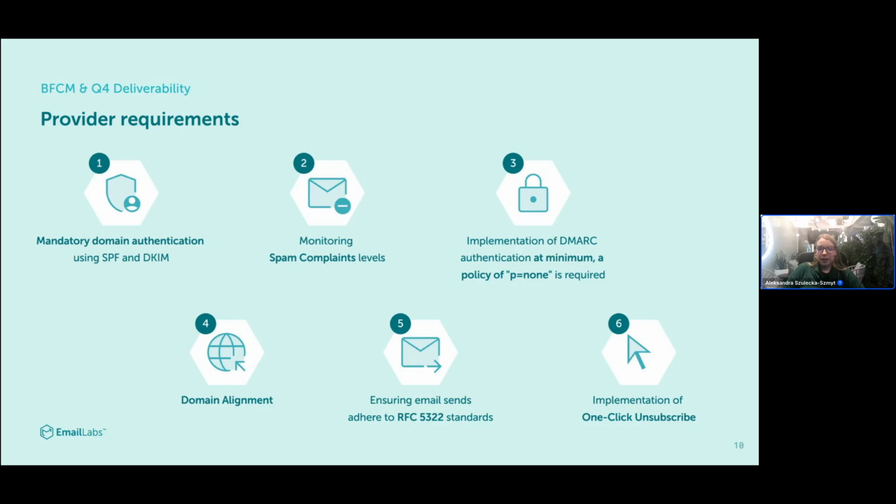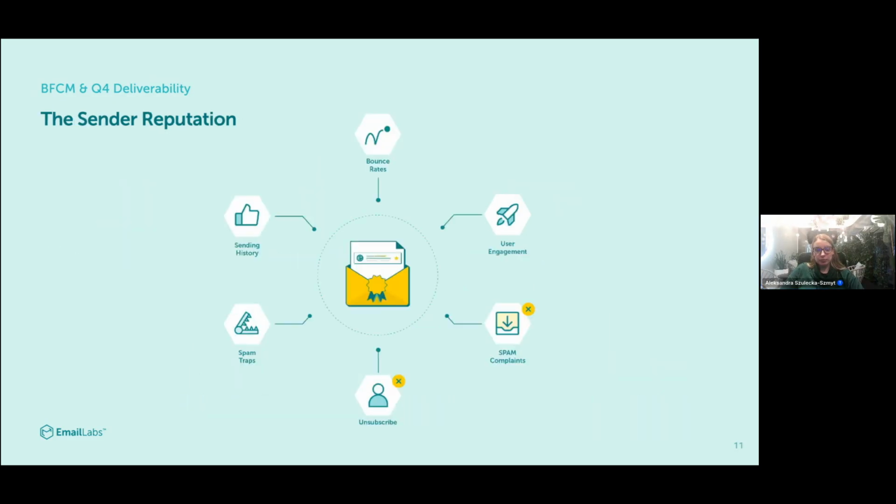We've already shown you how the headers for one-click unsubscribe should look. And it is being honored by Gmail, Yahoo, Microsoft, and also some local providers such as Polish ISPs. And also, the sender reputation must be constantly monitored, and it is built with the sendings in your sending history, the bounce rates of the sendings, user engagement that we already said, and the spam complaints that must be constantly monitored.